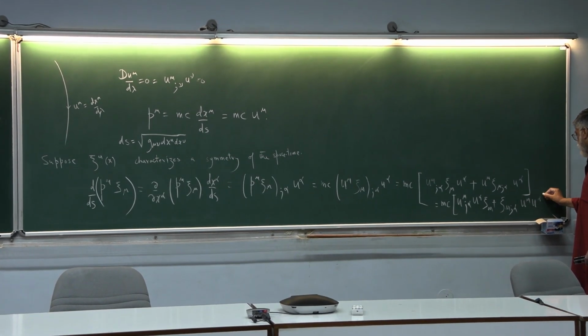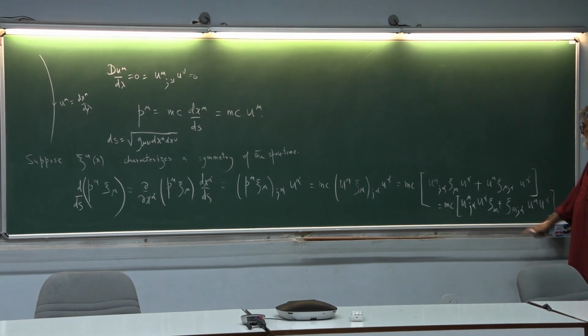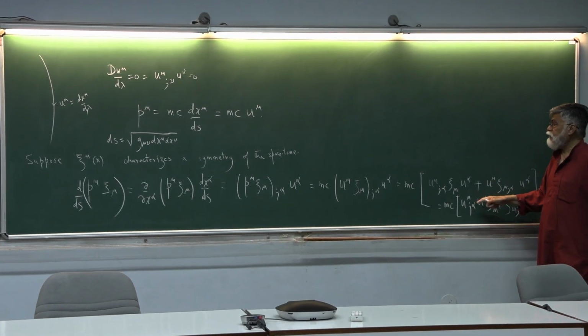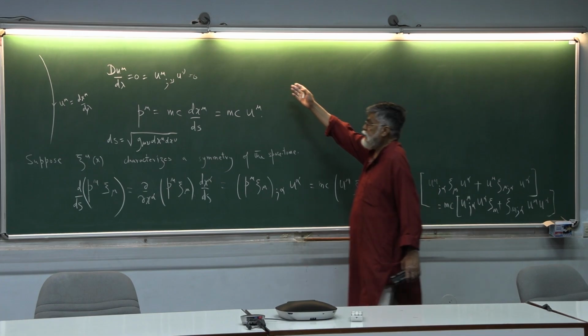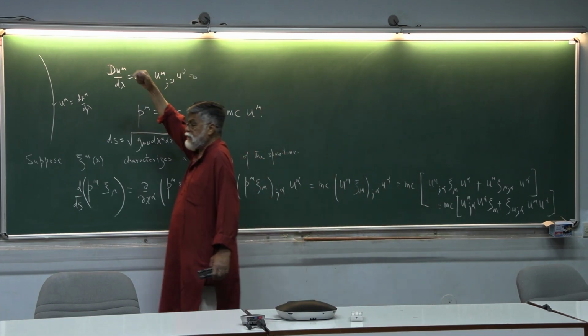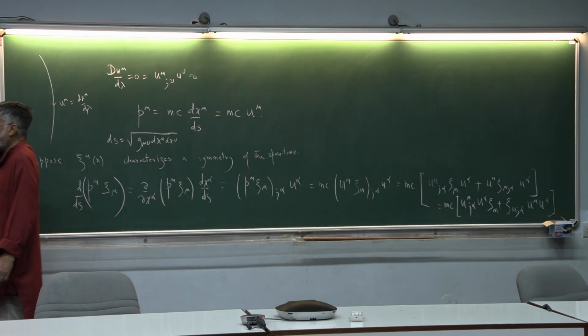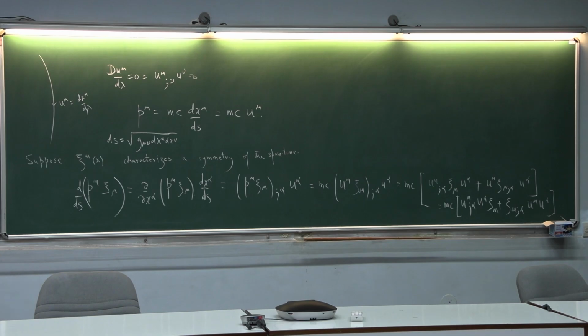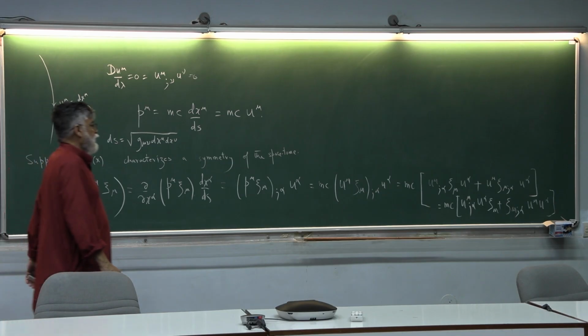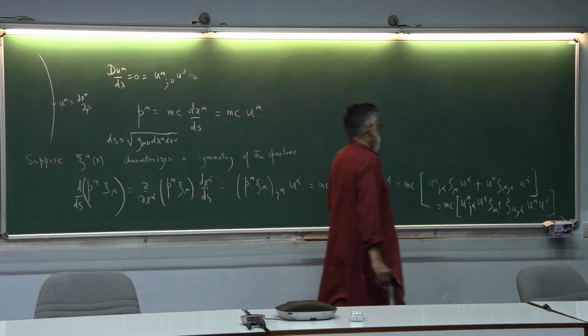I have just changed the order. But u_μ;α u^α is 0 because it's a freely falling particle. The tangent vector is being parallel transported along itself. So the first term is 0. So therefore we have the result that this is 0.